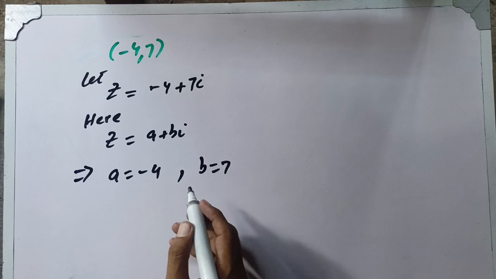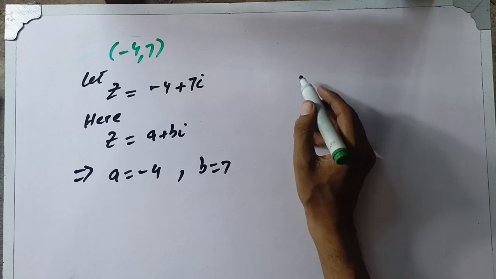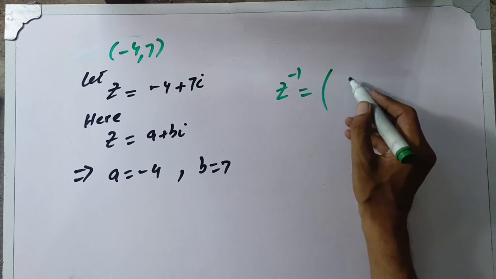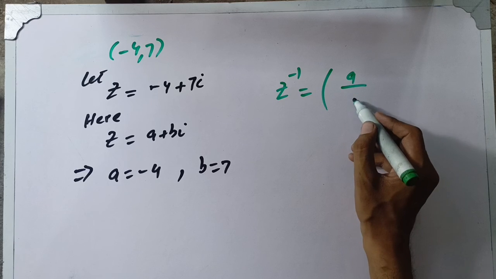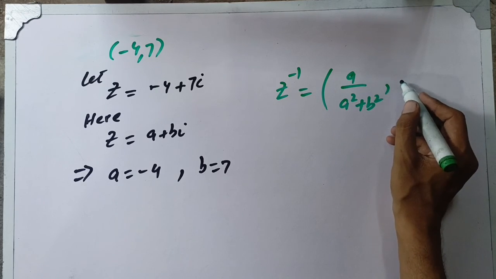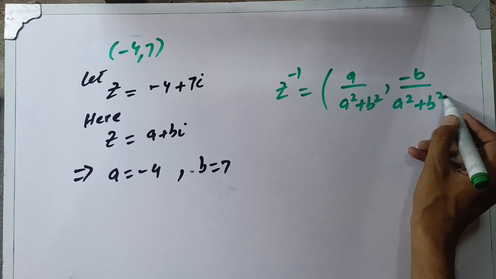Now to find the inverse of a complex number, we have a general formula: the inverse of any complex number is equal to a over a square plus b square, and minus b over a square plus b square.